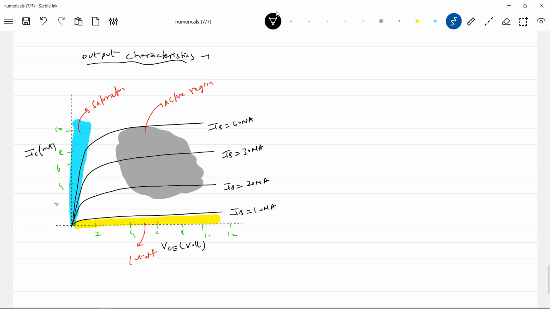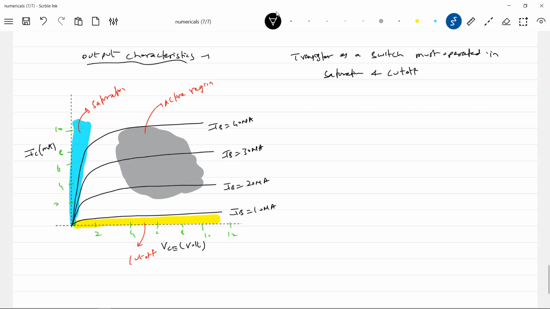So a transistor as a switch must be operated between saturation and cutoff. I'll write it.